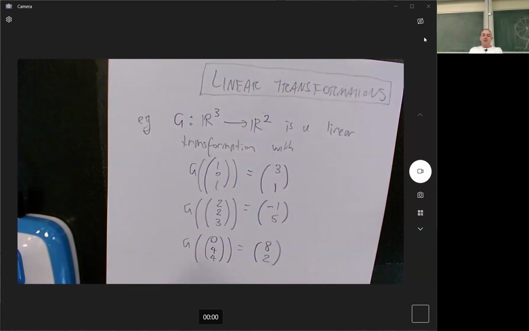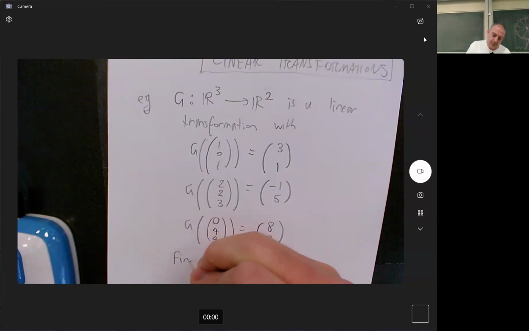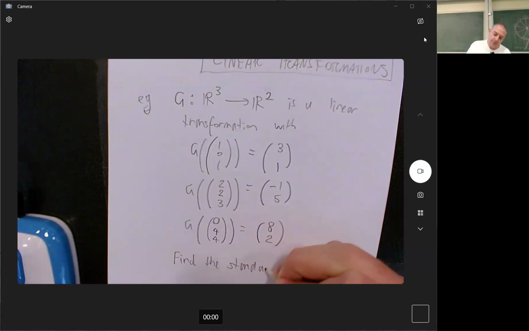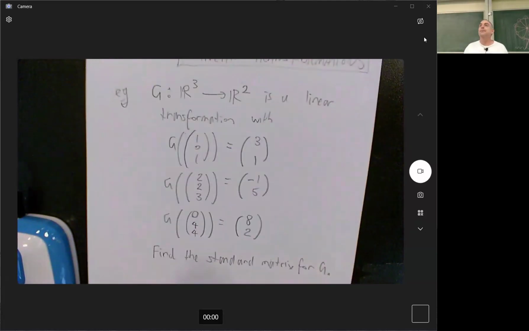Okay, G, which sends R3 to R2, is a linear transformation with these three pieces of information. Find the standard matrix for G.